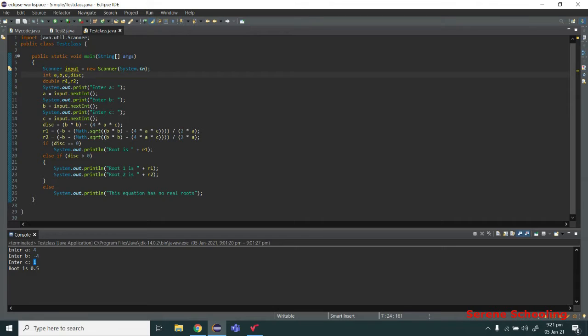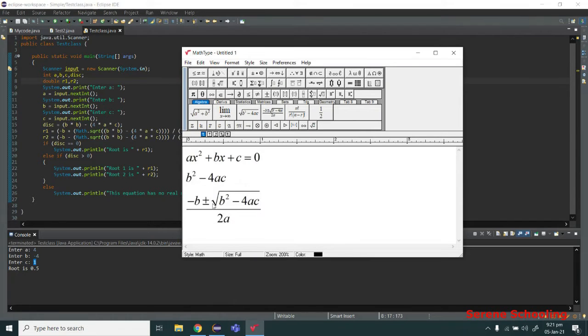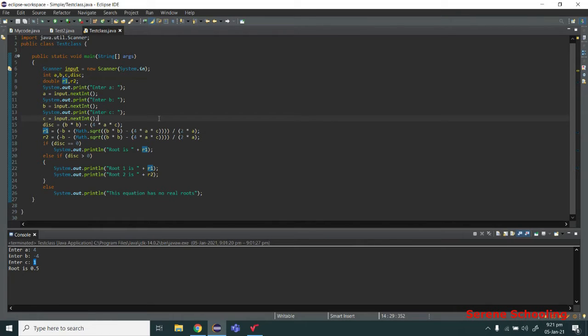For roots, I am using a double value, since a division is going on here. A division can produce either integers or decimal values, so we are not sure. That's why I am using the double variable, since it can hold both integer and decimal values.